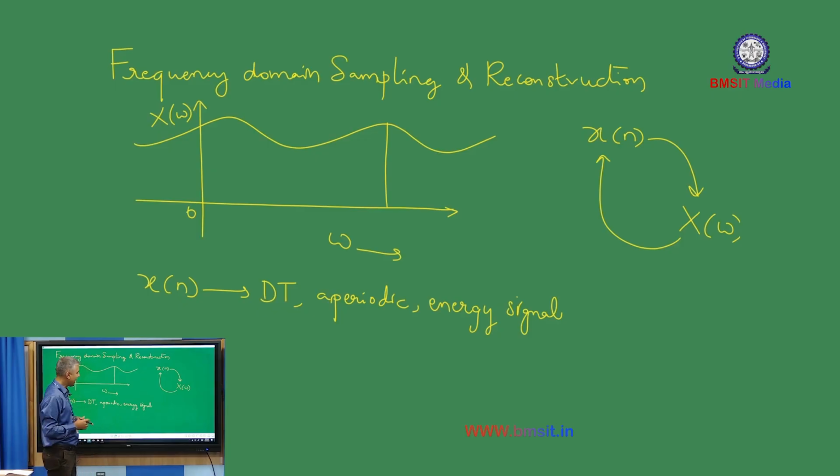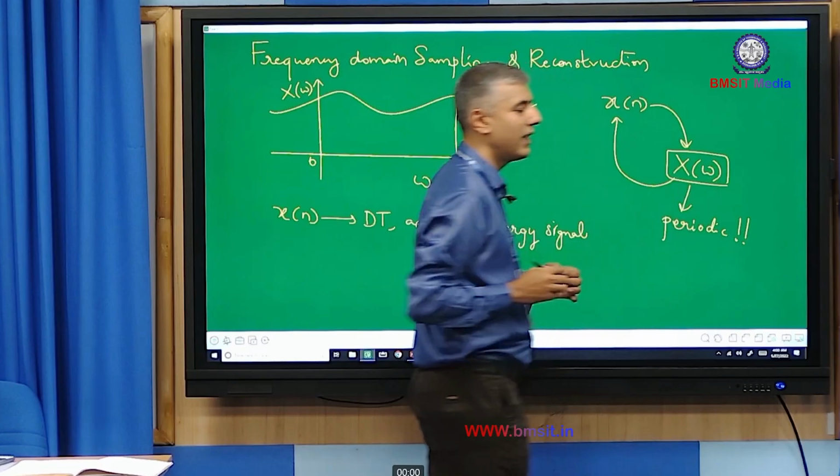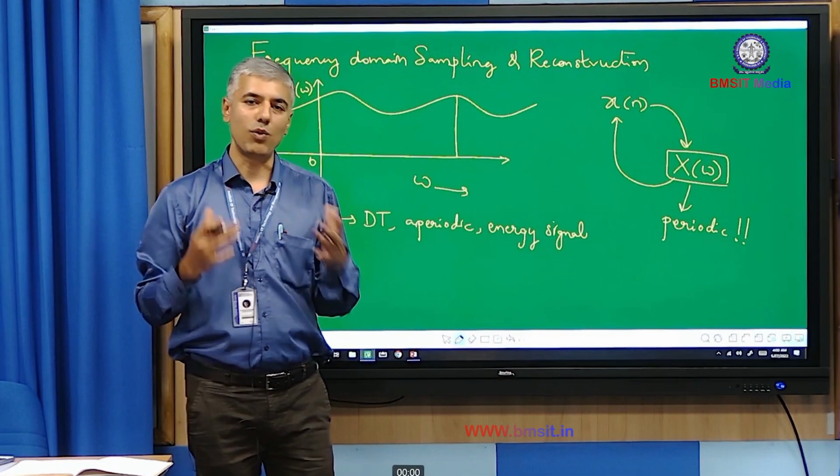And when I obtain the Fourier transform of x of n and I obtain x of omega, it is evident that x of omega is always periodic. So this is a very interesting concept in its own right.